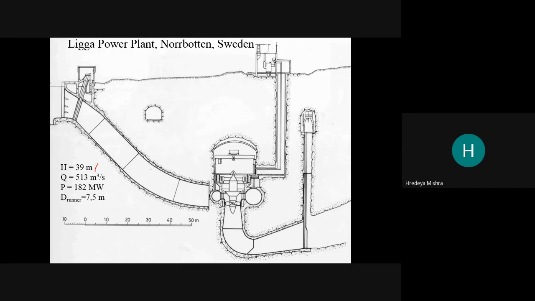In which category does this power plant come? Because the head is below 45, it comes under the low head turbine, meaning whatever turbine is used here is a low head turbine.